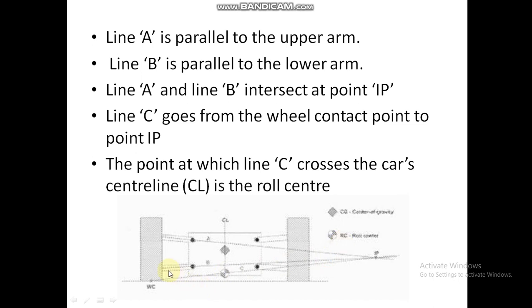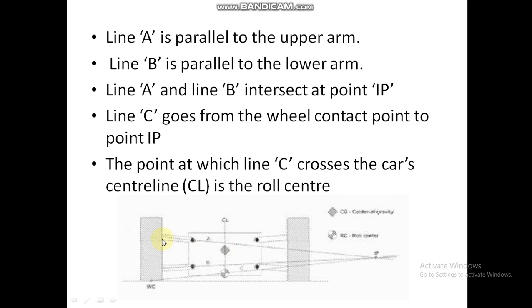Similarly for the front tires, the roll center is this. Similarly for the rear tires, there will be some roll center, and the line which joins two roll centers is called roll axis, and about that axis your vehicle will roll. This rhombus represents center of gravity of the vehicle.